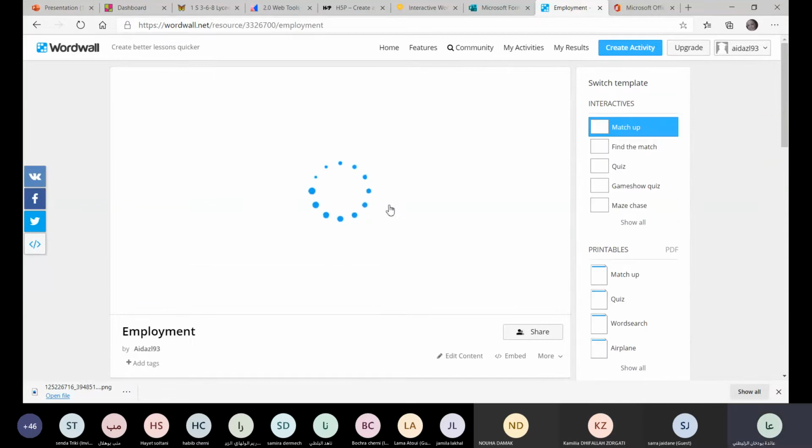An activity about employment, which is about matching, but you can change. That is, find the match or make a quiz. You make one activity actually, but then you can transform it into other possibilities which are offered by different templates which are offered by Wordwall.